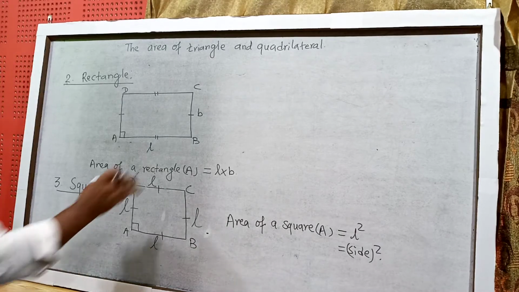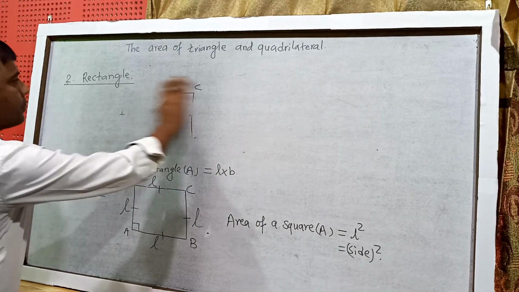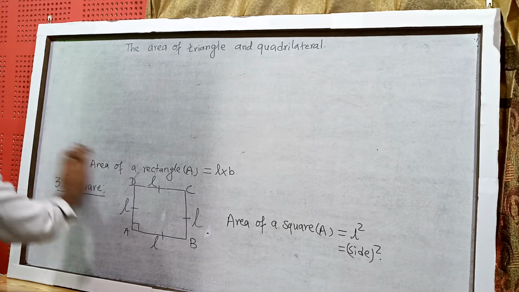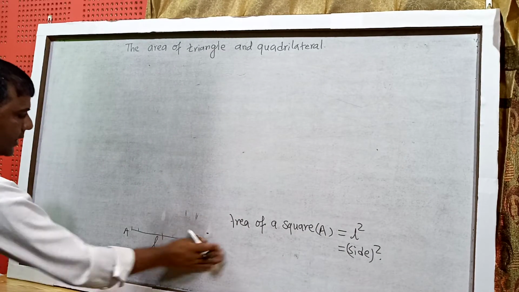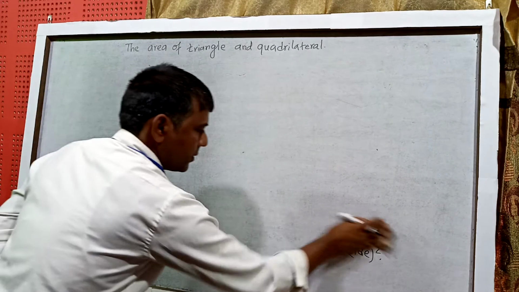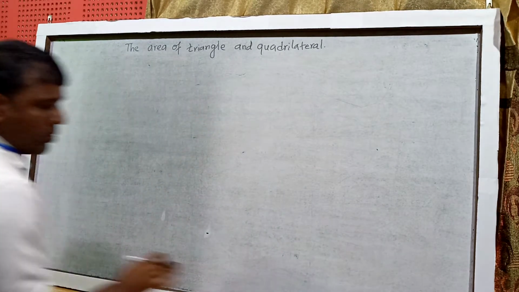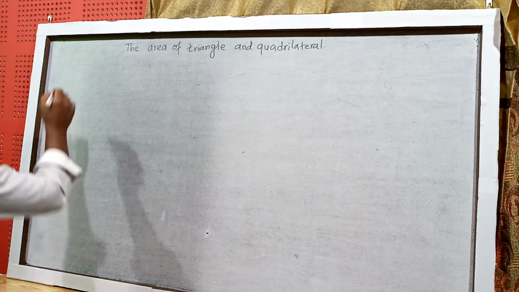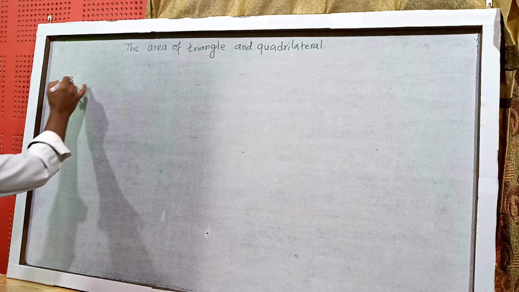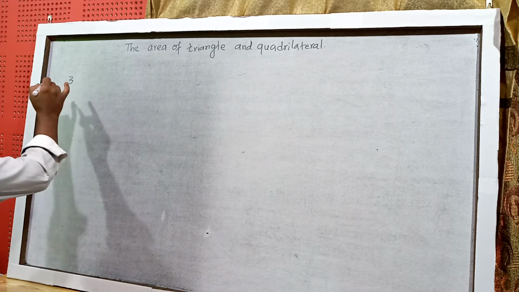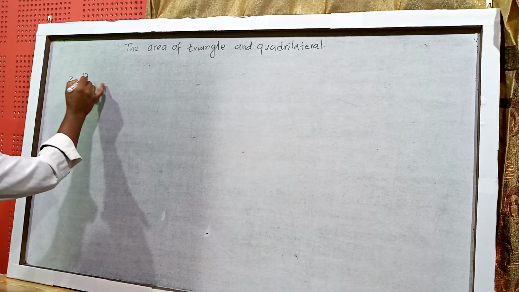Next, parallelogram. Rectangle and square are also parallelograms.